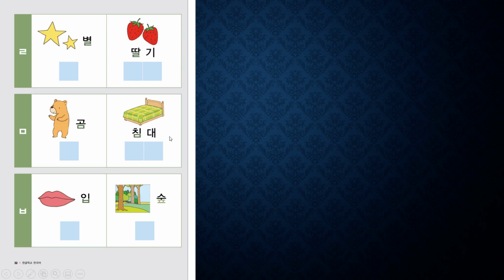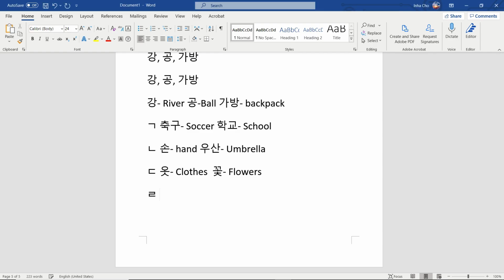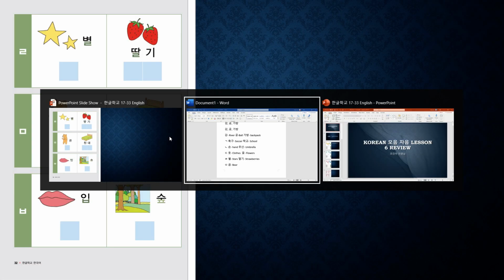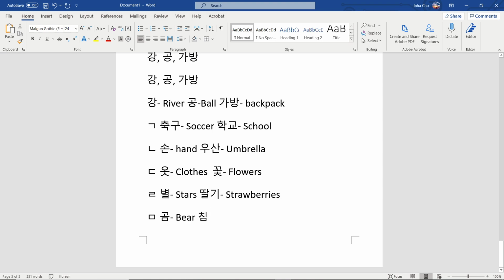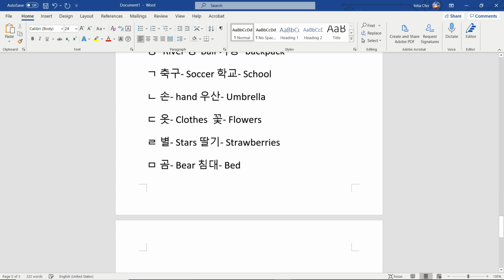Alrighty. Then we have the 리을 family. We have 별, which are stars. 딸기, which is strawberries. Then we have 미음, which is 곰, a bear, and 침대. That's a bed.